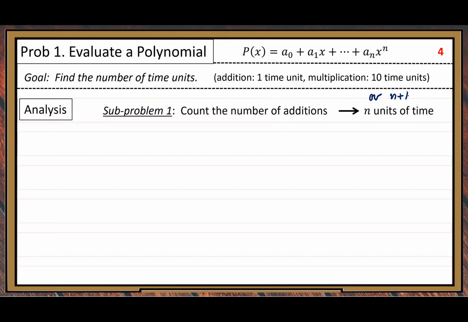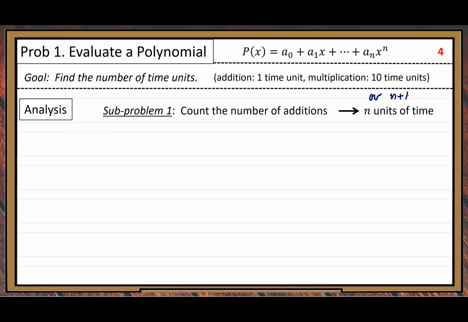Similar to our previous question, k multiplications or k plus 1 multiplications, right? Because here we have n plus 1 terms. So you need to really figure out if we need n units of time or n plus 1 units of time.